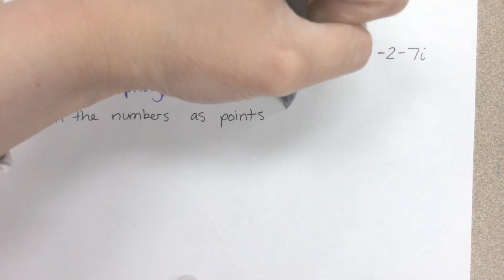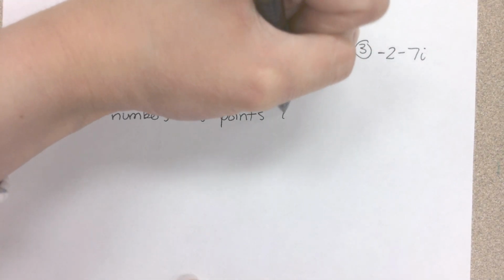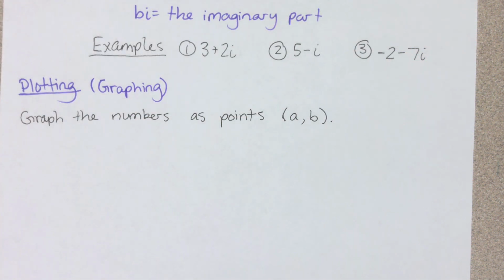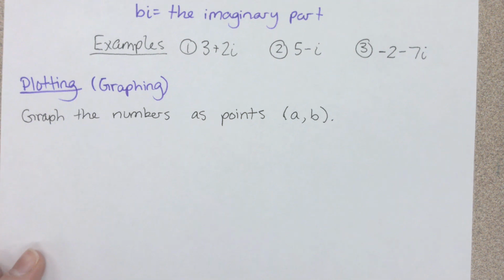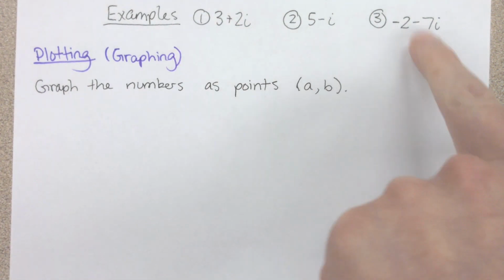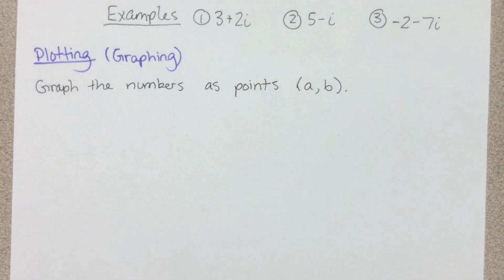But these points instead of x comma y are a comma b. And I'm actually going to graph the 3 examples above. I'll rewrite them again in a moment.